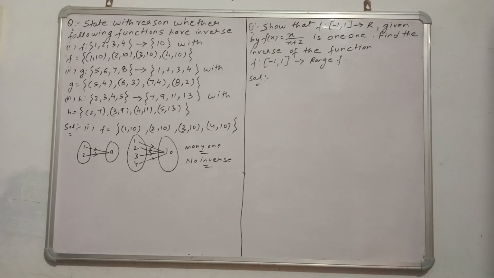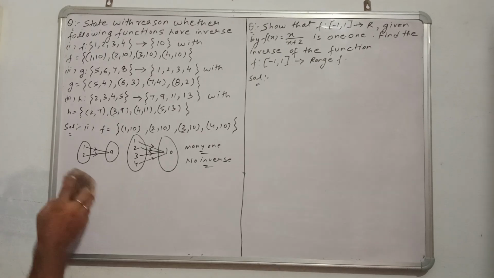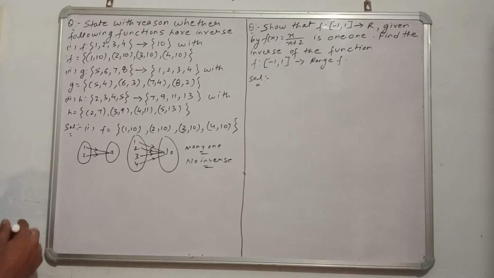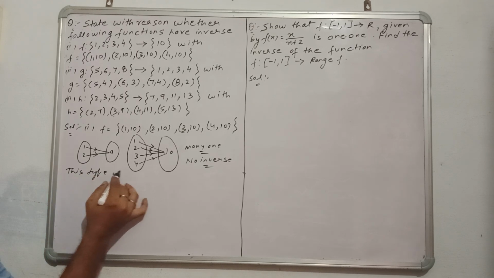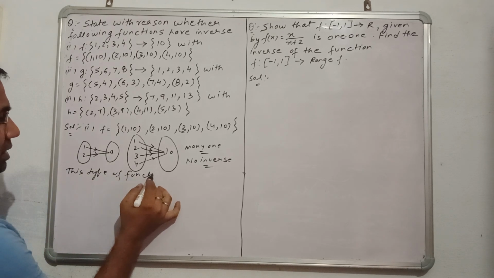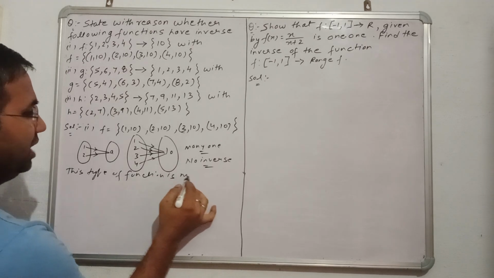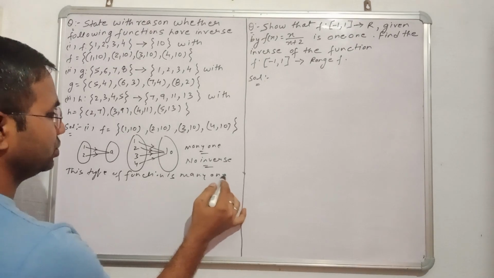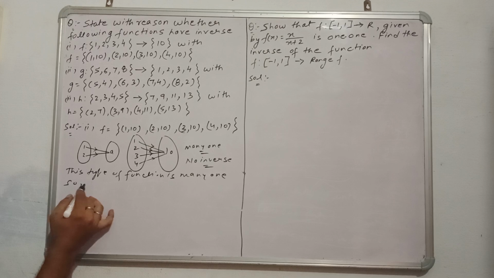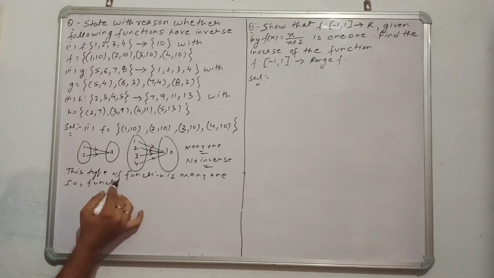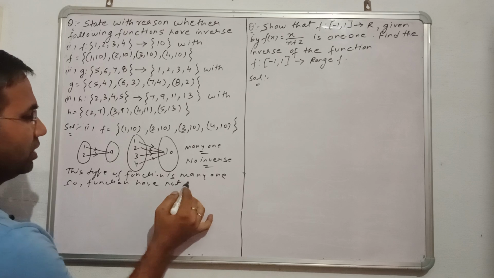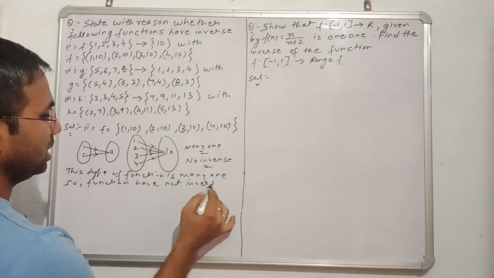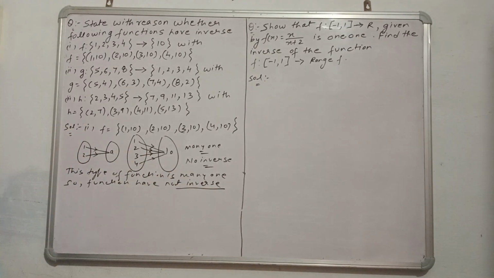So you will write that this type of function is many-one, so the function has no inverse. Okay, there will be no inverse.